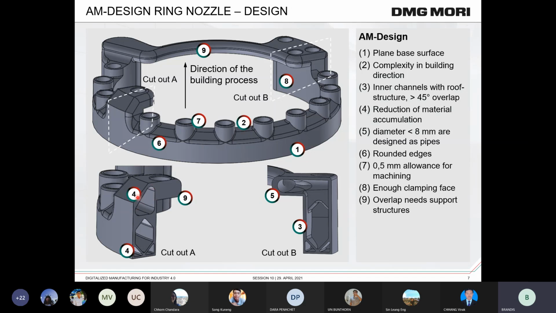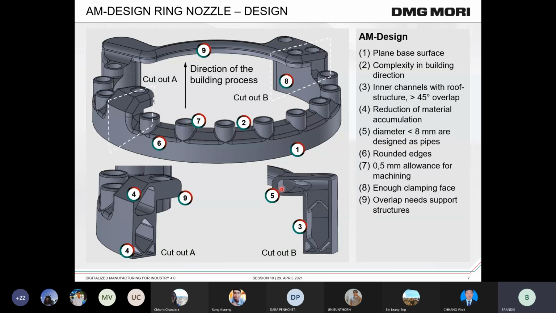Here we designed a cavity, number 4, to reduce the material accumulation. If there is a cavity, it's not necessary to melt the metal powder in this area, and the reason we do this is to decrease the building time.